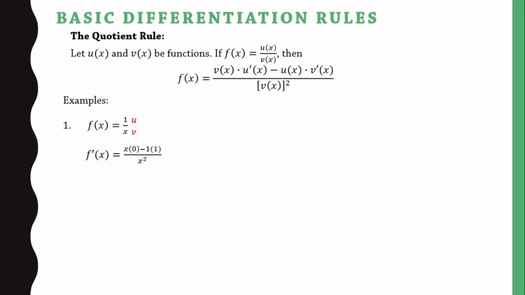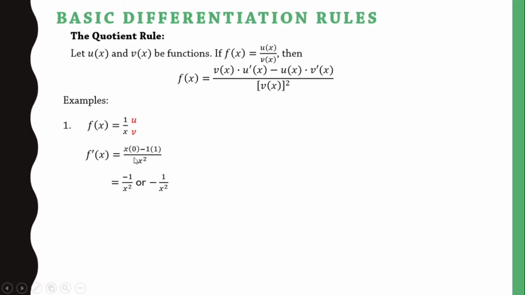Minus u of x, so that's 1 times v prime, or the derivative of x here is 1, all over v squared. So v is x, so square that, that's x squared.